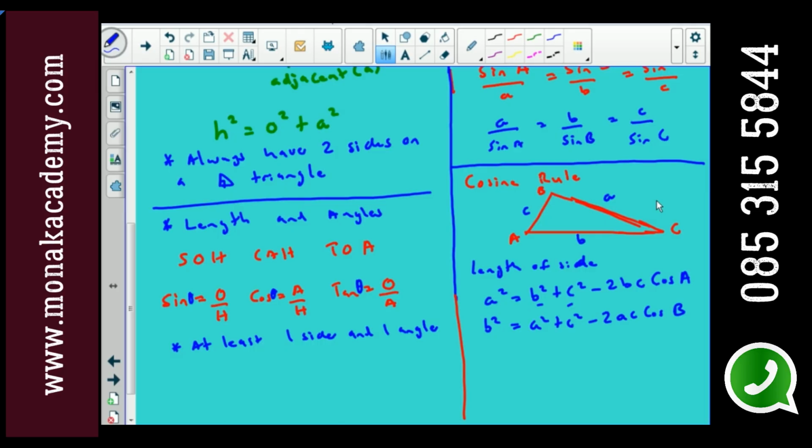And it's so easy, right? What about if you want C squared? It will be A squared plus B squared minus 2AB cos C. That's it. That's how you find the length of side.